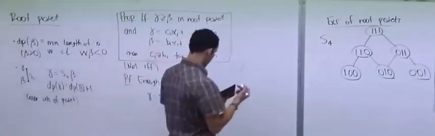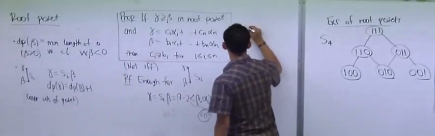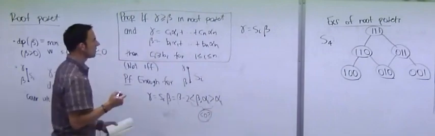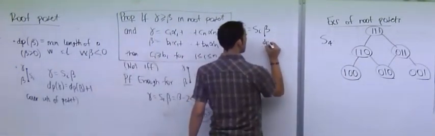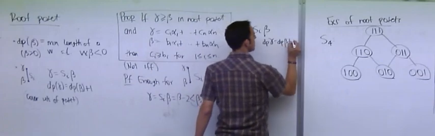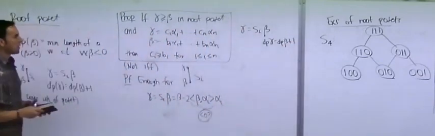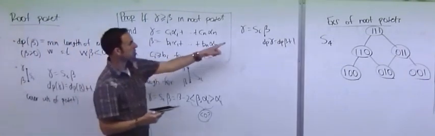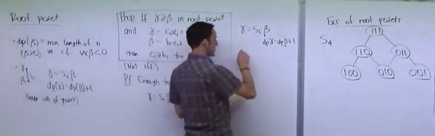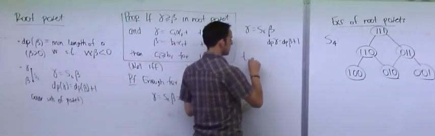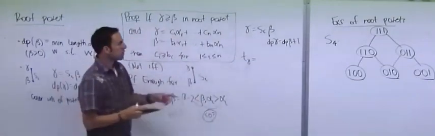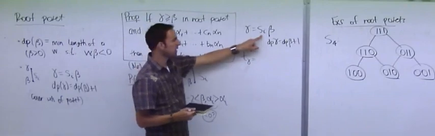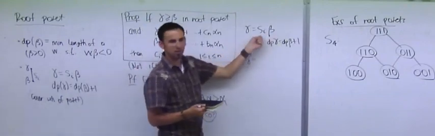So let me make a couple of observations here. Gamma is equal to s_i beta, and the depth of gamma is the depth of beta plus 1. Now, like I said, I can go back from roots to elements of the group. Each root corresponds to an element of the group. Gamma corresponds to the reflection t_gamma. What does this correspond to? Well, we said you go here, then to this one, and then back to this one inverse.